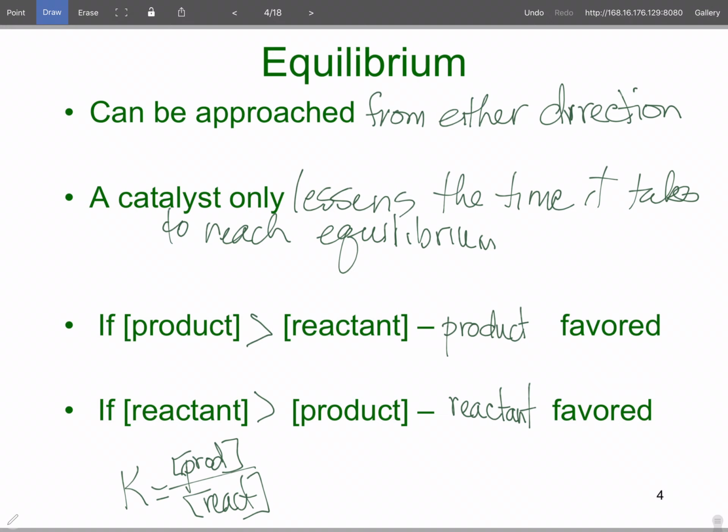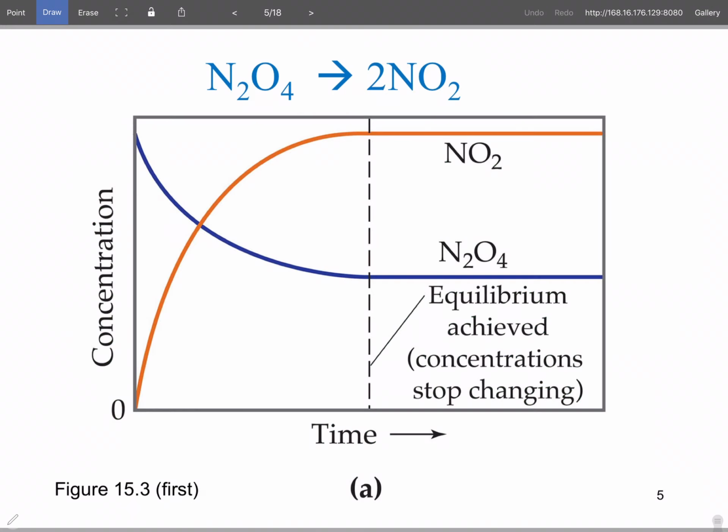So depending upon what your K value is, and your K can vary tremendously. I've seen Ks that we've actually used in a problem from like negative 36, negative 105 I think once, but negative something, 10, 20, 40, up to 10 to the 80, 100th, whatever. So if it has a positive exponent, it's product favored. If it has a negative exponent, it's reactant favored.